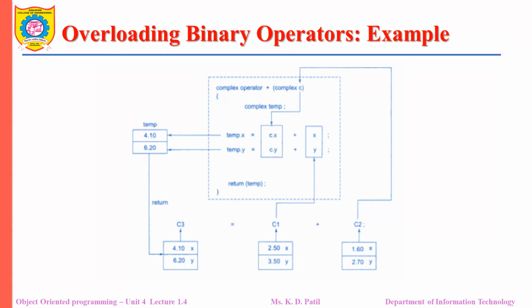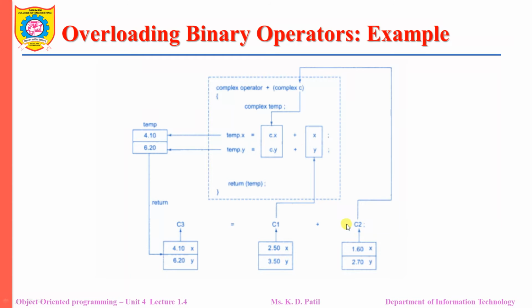Now let me explain in detail. If you observe, it takes only one argument. In the statement C3 is equal to C1 plus C2, C1 takes the responsibility of evoking the function, whereas C2 plays the role of an argument that is passed to the function.